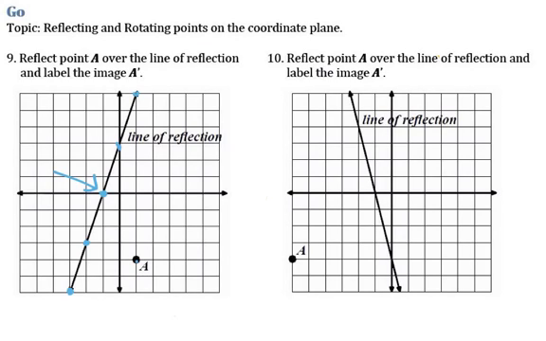We go 1, 2, 3, 4, so up 4, and 1, 2, to the left 2. So it'd be like 4 over 2. So we want to go to the left 4 and down 2, and that'll give us our point A prime.